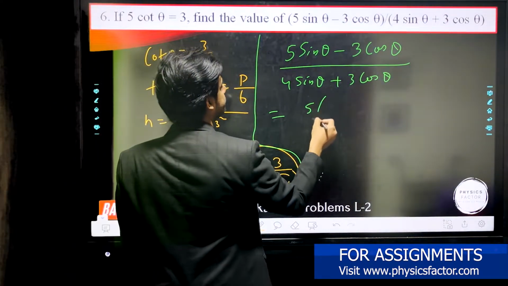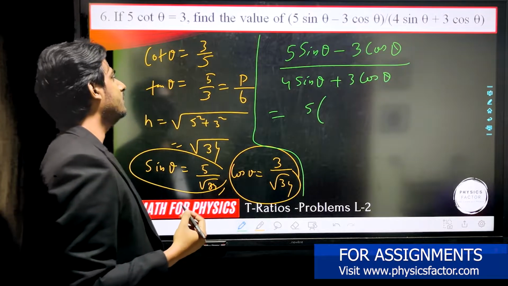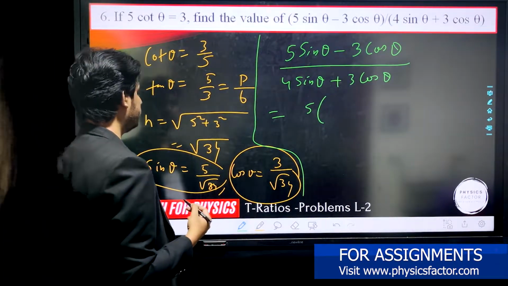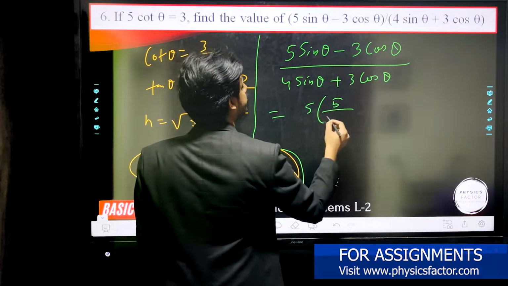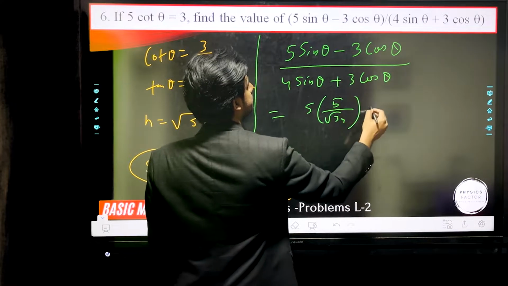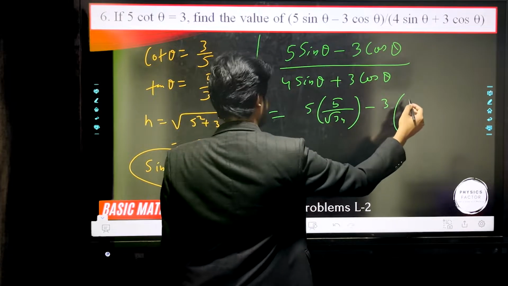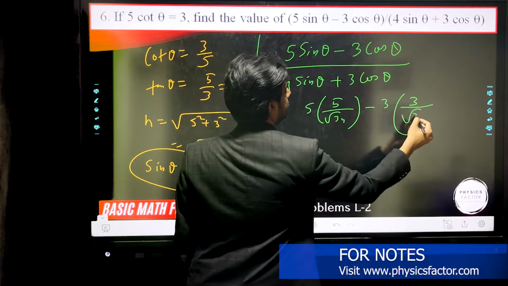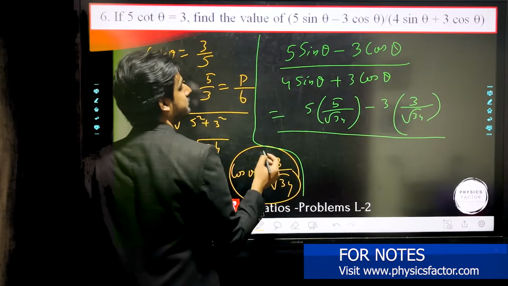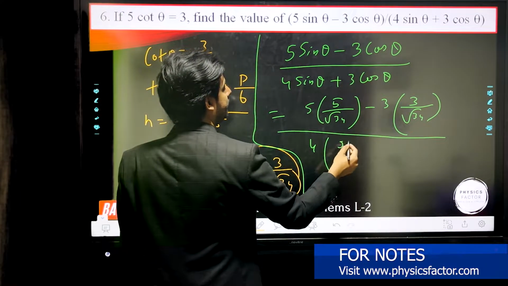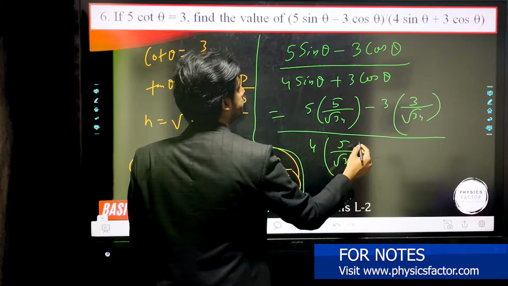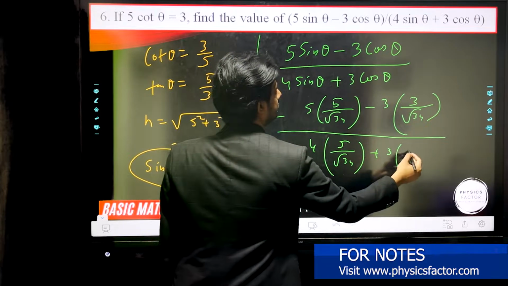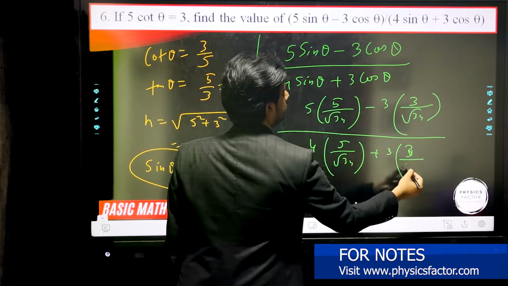So 5 into 5 by root 34 minus 3 into 3 by root 34 upon 4 into 5 by root 34 plus 3 into 3 by root 34.